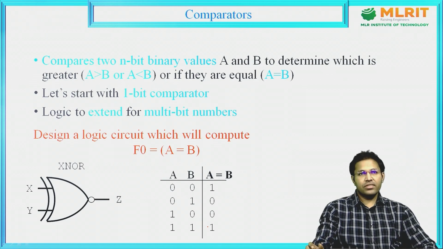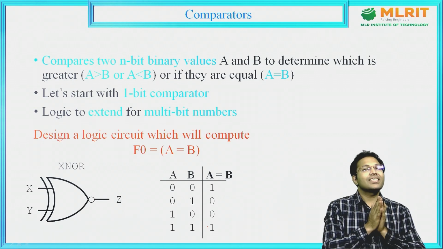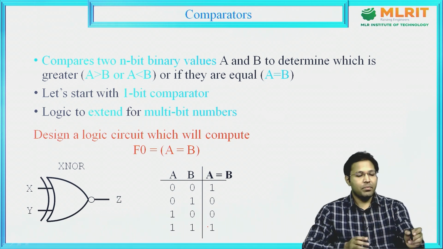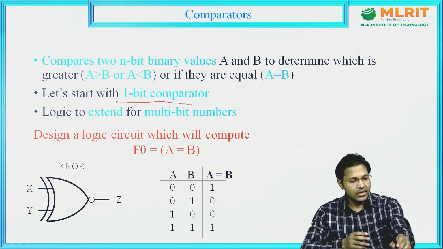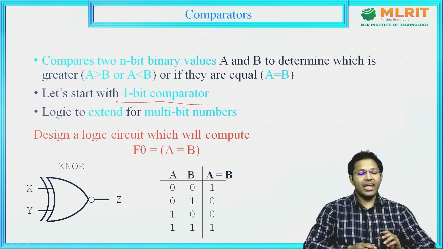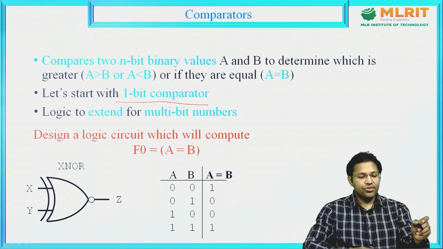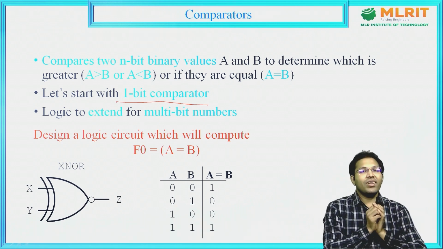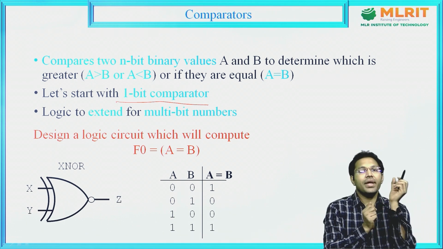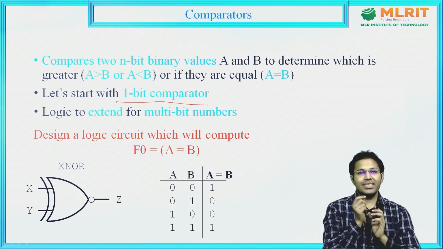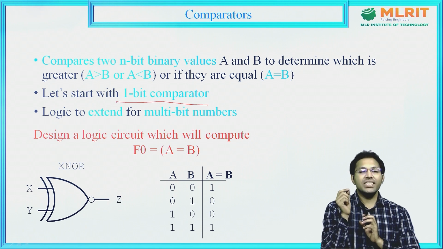As discussed, let us start with a 1-bit comparator, and then we will extend that idea to n-bit comparators. First, let us keep it very simple. A 1-bit comparator means we compare two variables, each of size 1 bit.